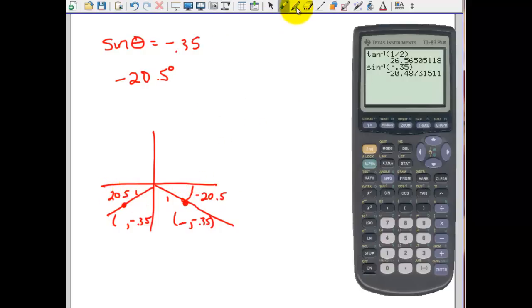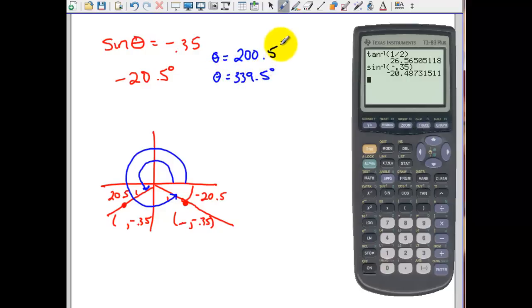So our two solutions on the unit circle for this trig equation would be here, 180 plus 20.5, which would be 200.5. And the other one would be around to here, so that's 360 minus 20.5, which would be 339.5 degrees.